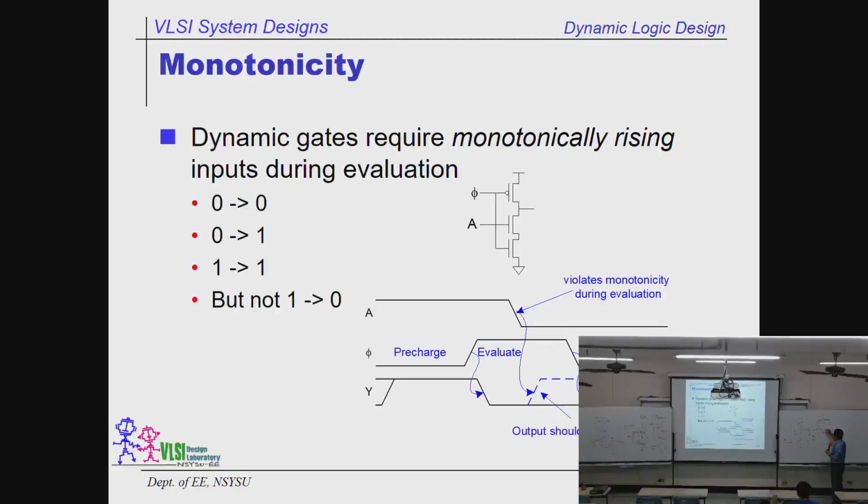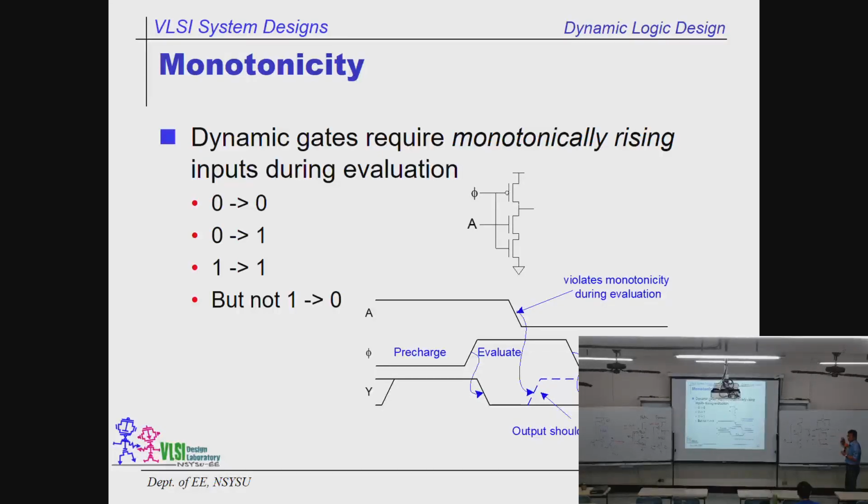Then, when the clock is pulled high, we are going into the evaluation phase. So it depends on what A is. If A is high, then no problem, this one will be discharged. So there are 2 possibilities: one is going down, the other one stays the same.